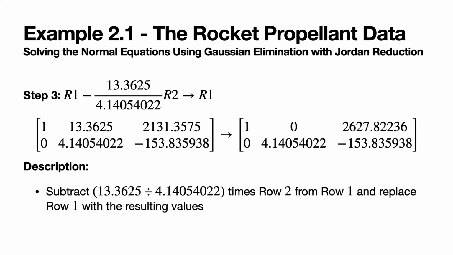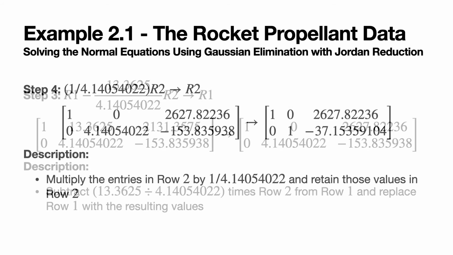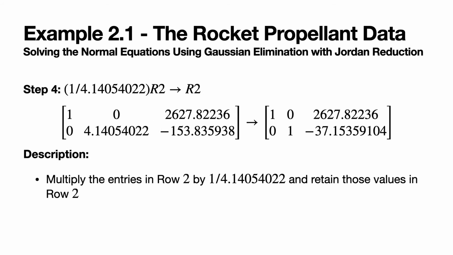And after we perform this operation, we see the resulting matrix on the right-hand side of that arrow. And then step 4 says to multiply the entries in row 2 by 1 over 4,140.54022 and retain those values in row 2.